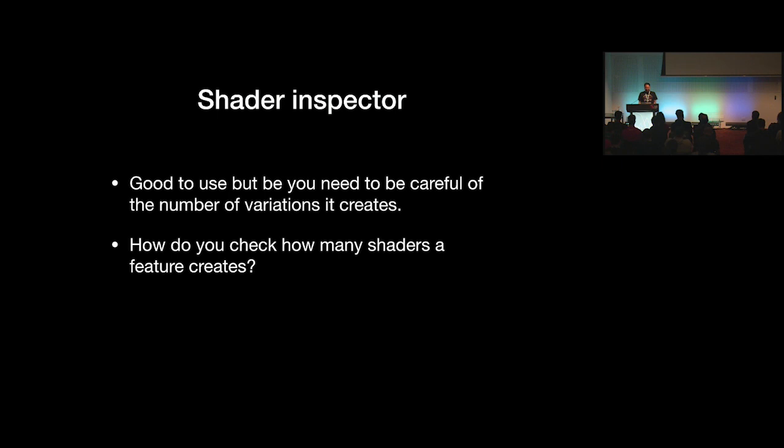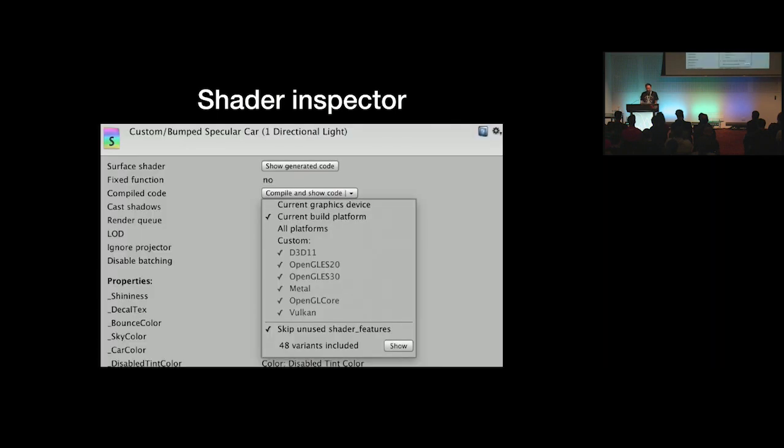So how do you check that? Click your shader inspector and click that little arrow near compile and show code. In the bottom, you'll see how many variants are included. This is for the current build platform, but you can actually select other platforms and it will show you how many variants are included.